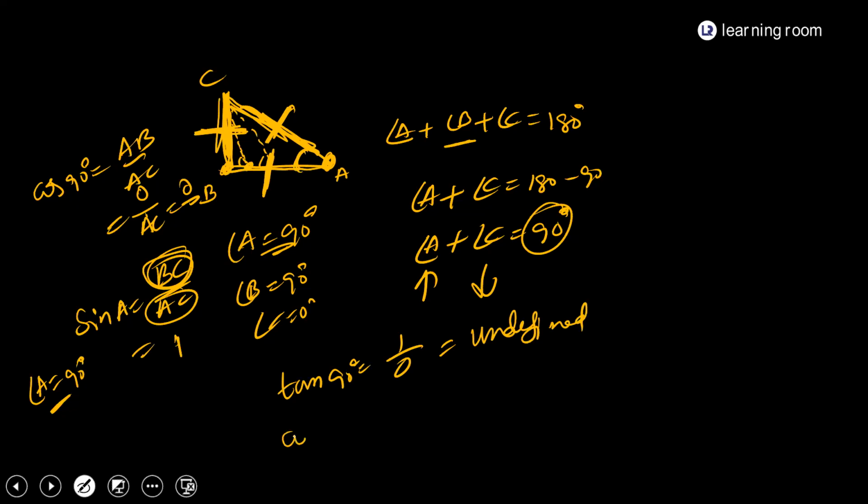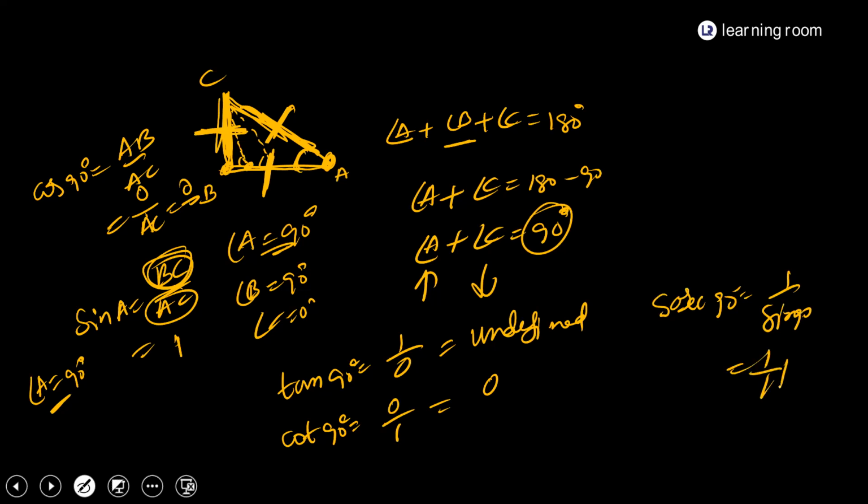Cot 90 will be cos by sin, or 1 by tan, both are the same. Cos is 0, sin is 1, so 0 by 1 is 0. Cosecant 90 will be 1 by sin 90, and sin 90 is 1, so 1 by 1 will be 1.